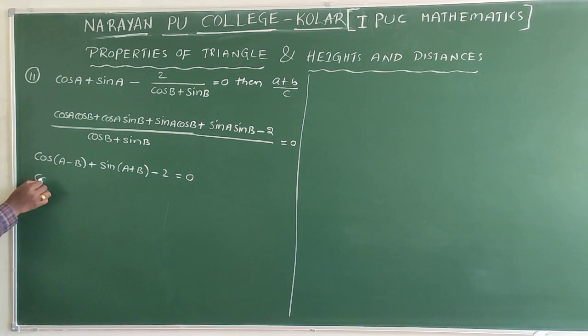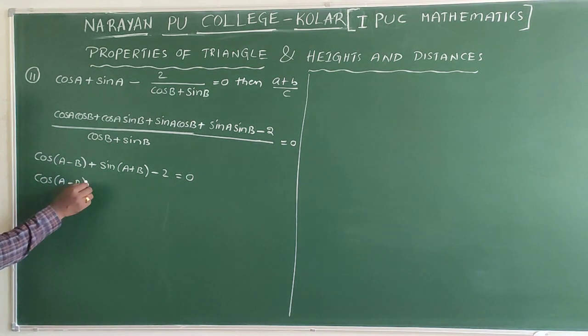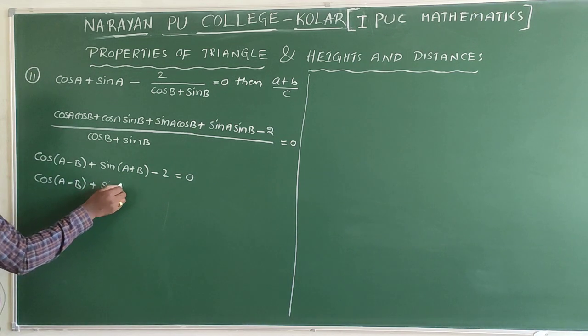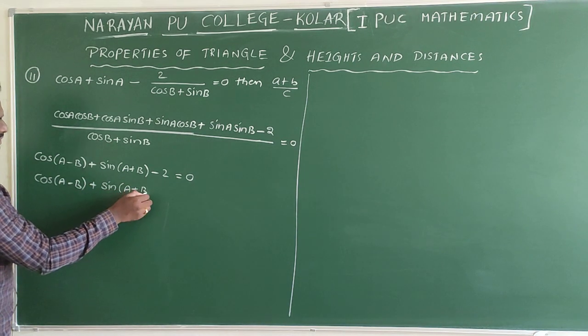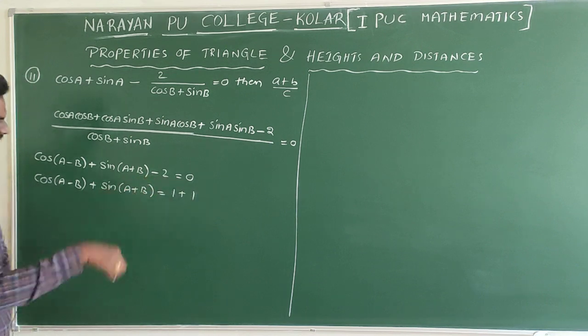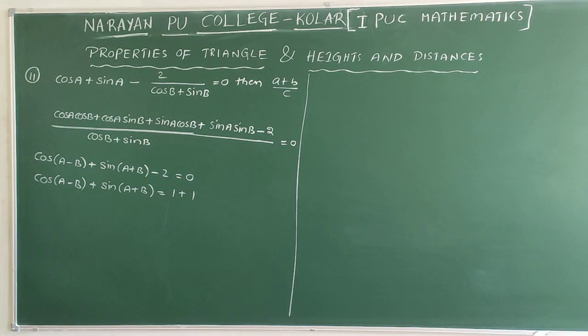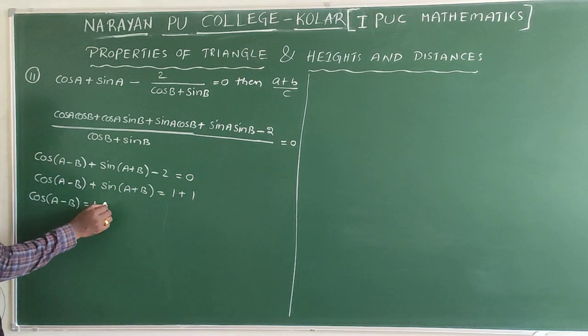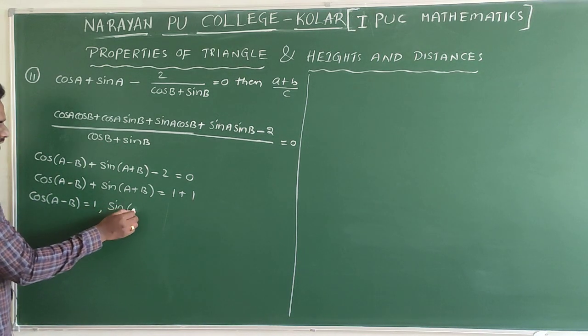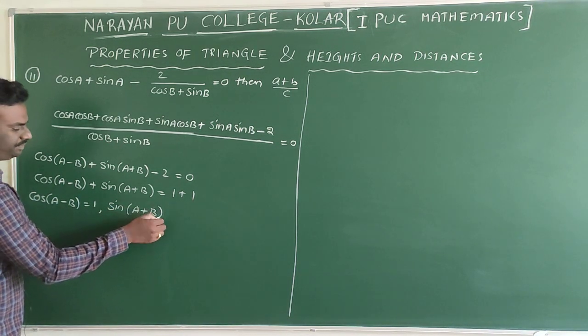Now, cos of A minus B plus sin of A plus B, I can write 1 plus 1. If you equate, cos A minus B value is 1, sin A plus B value is 1.